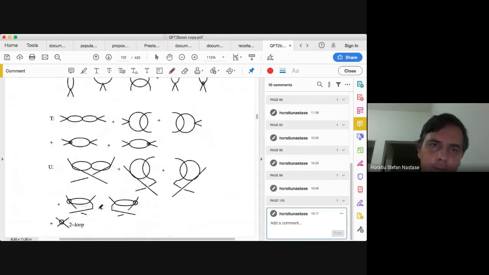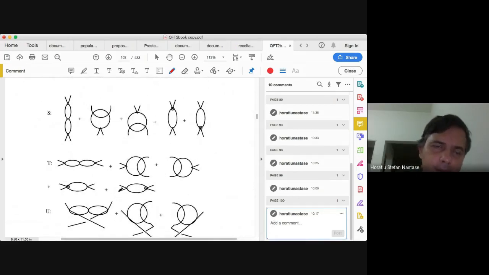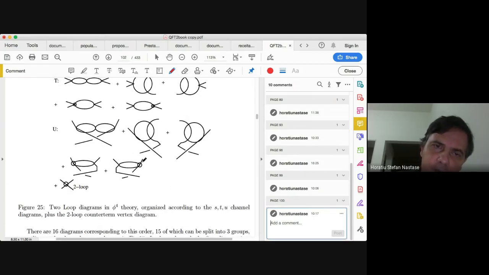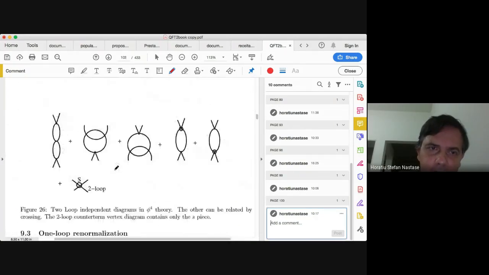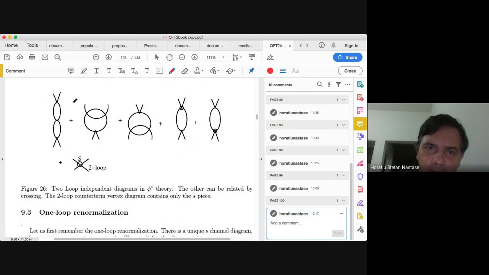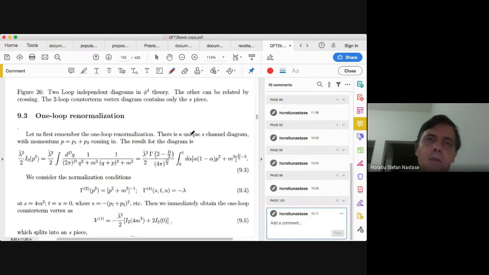So in order to fully renormalize phi to the 4 at two loops, we only need to consider these S-channel diagrams, because the other ones are trivially obtained by crossing, plus this intrinsically two-loop counterterm. So what we have to consider are these diagrams.